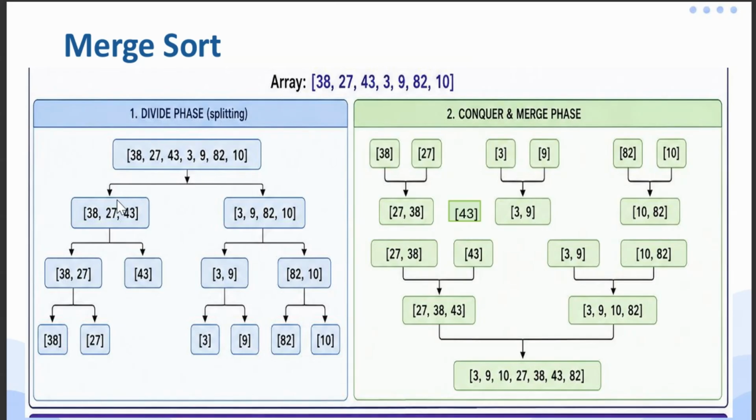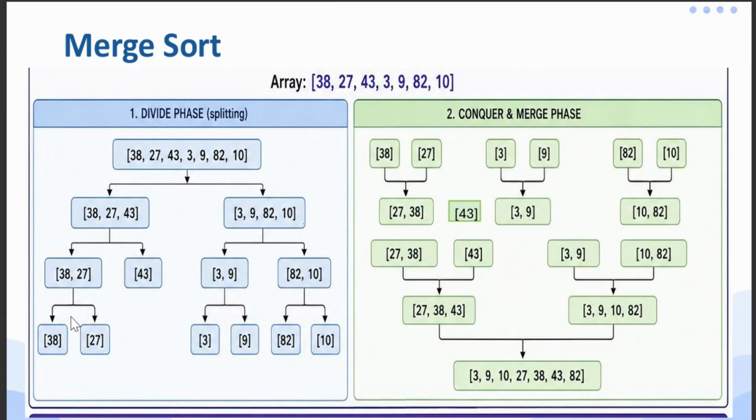Initially, we divide the array into two halves. You can divide here, or here. Then again you divide each into two halves, and you get 38, 27 and 43 on one side, and 3, 9 and 82, 10 on the other.